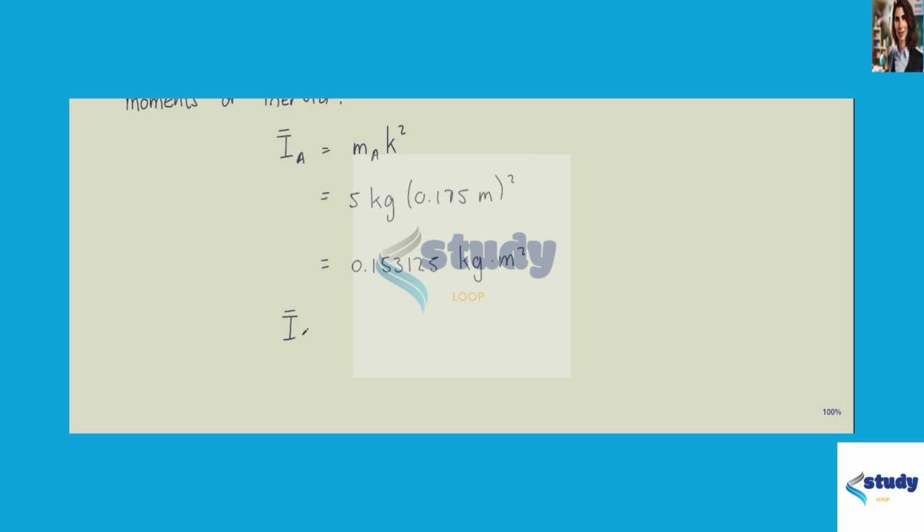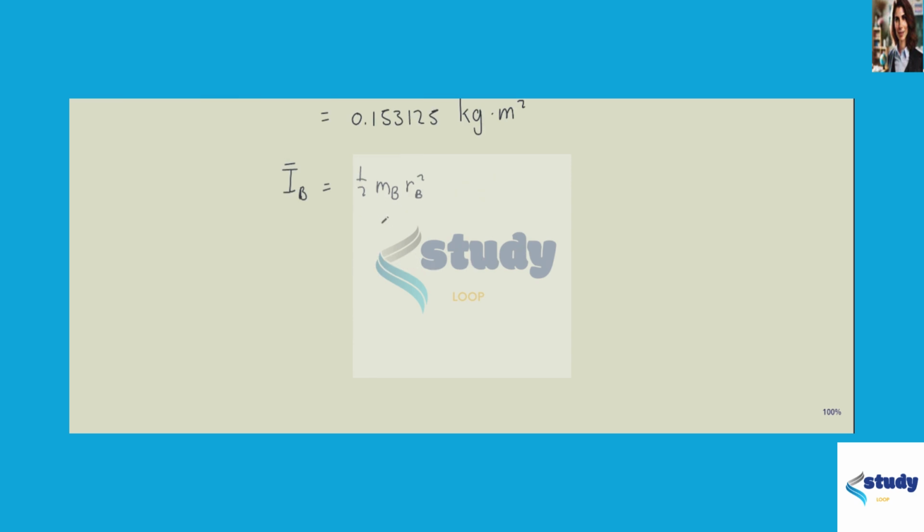The moment of inertia for the disk, I B, is equal to a half m b, the mass of the disk, times R B squared. So this is a half times 3 kg, the mass of the disk, times its radius, which is 0.08 meters, squared.